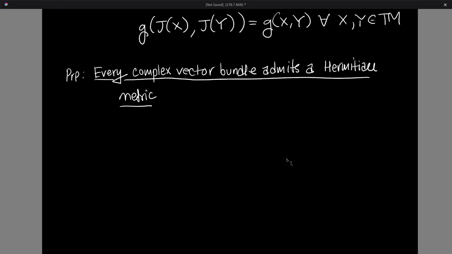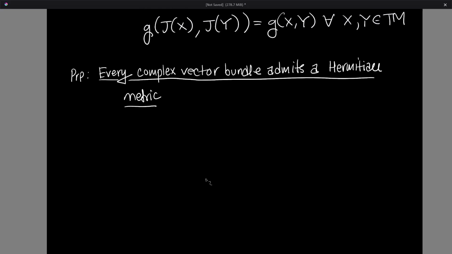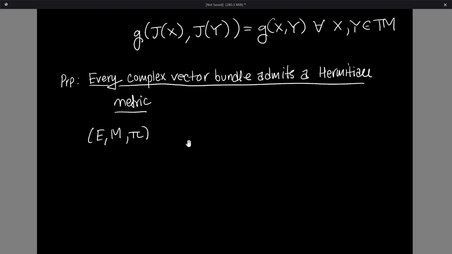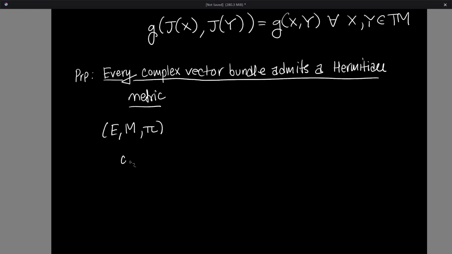It's much shorter than the other proof. It's not 3 pages long, but still, we're just going to think about the idea behind this proof, and I'll leave the details to the lecture notes. So first, the statement: if we have a complex vector bundle E, pi, then we're guaranteed to have a complex.